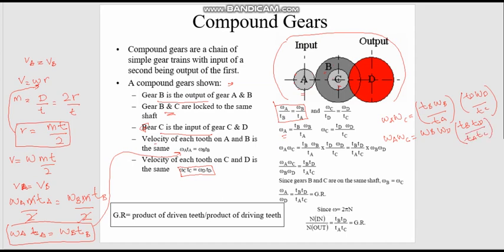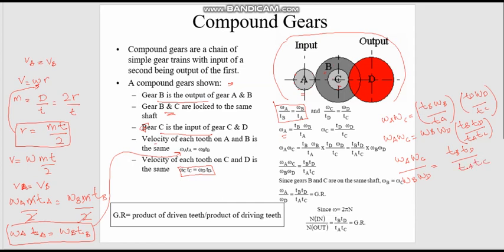And if I bring omega B to the other side, then I have omega A omega C divided by omega B omega D, and this is equal to TB TD over TA TC.